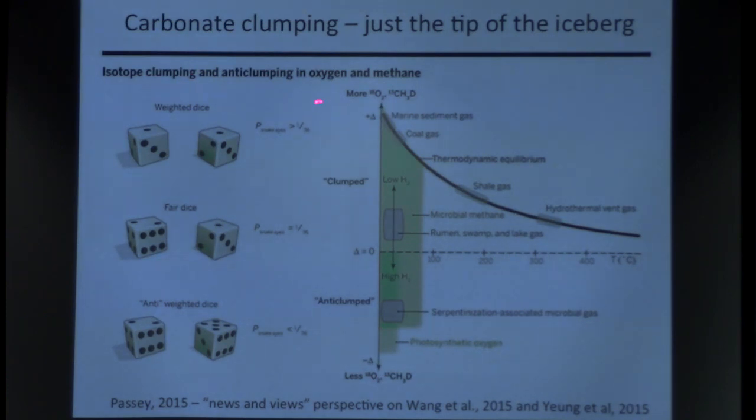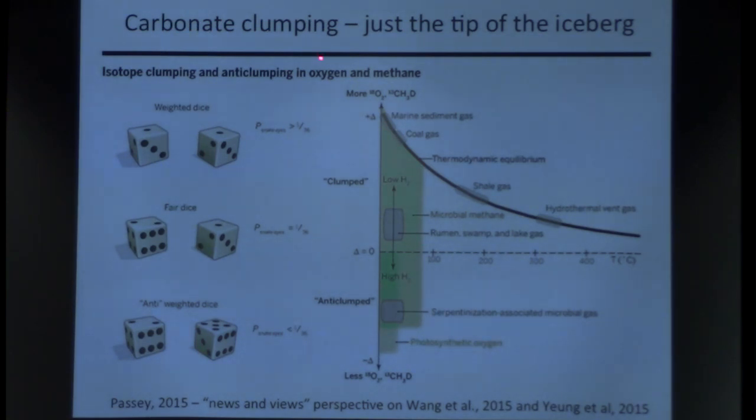What you see in this plot is a cartoon of different behaviors that you might expect, whether you're talking about two oxygen-18s in an O2 molecule, or a C13 deuterium clump within a methane molecule.